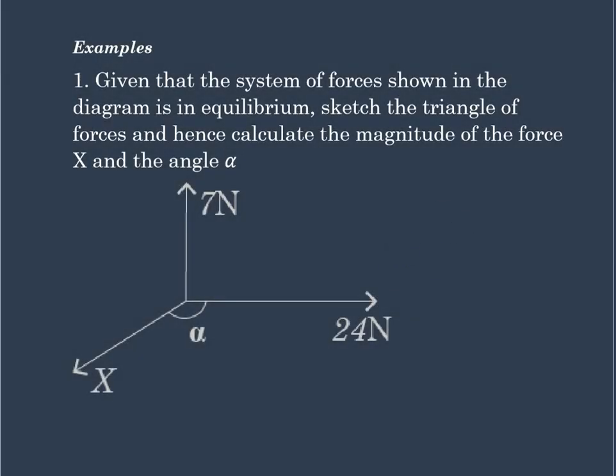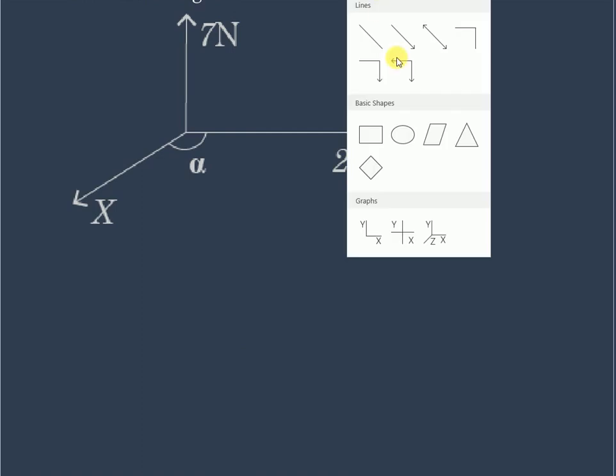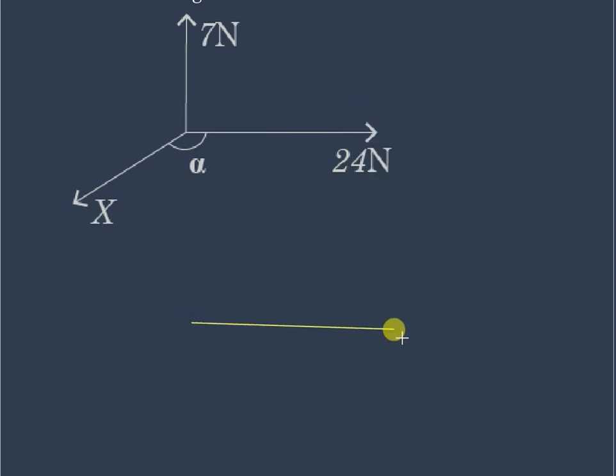This example is saying that given that the system of forces shown in the diagram is in equilibrium, sketch the triangle of forces and hence calculate the magnitude of the force x and the angle alpha. We shall sketch the triangle of forces. We have a horizontal line that is 24.